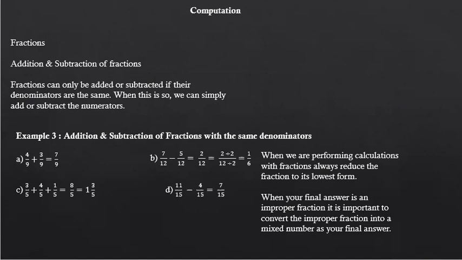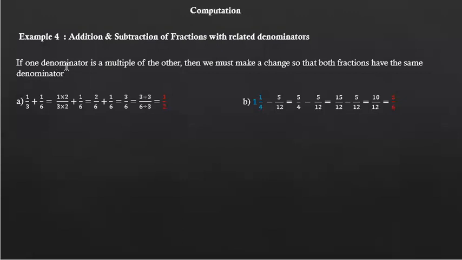So we cannot add or subtract fractions with different denominators. And we saw here what to do when you had related denominators. Today we are going to look at what to do when we have completely different denominators. All right? So I'm just going to write down the notes and afterwards I will continue to explain.